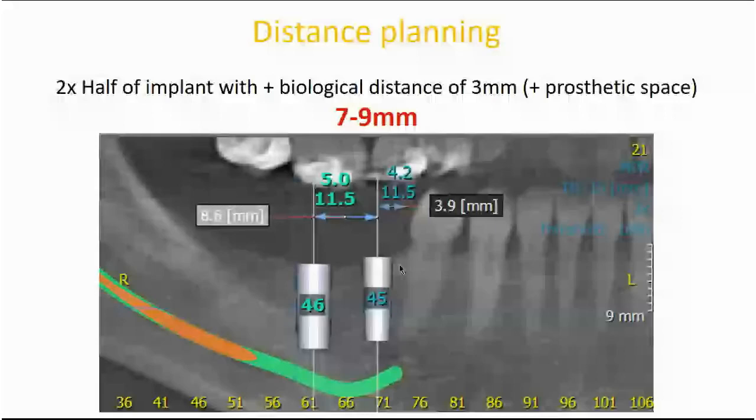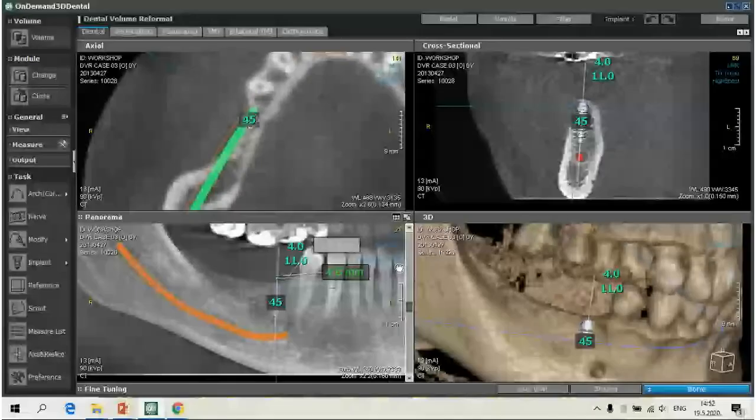It is the biological distance between two implants, so it is so far 4 plus 3 is 7. And if we are planning the distance premolar to molar, then we will need to add some prosthetic space, 1 or 2 millimeters. So we are at 7 to 9 millimeters distance, one implant from another.